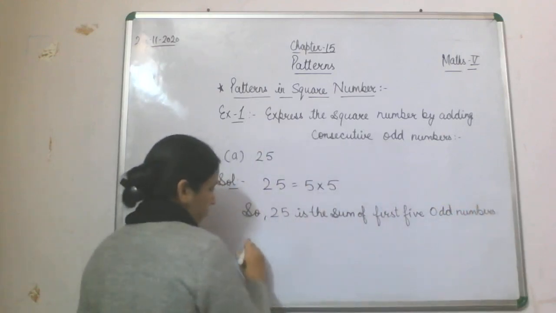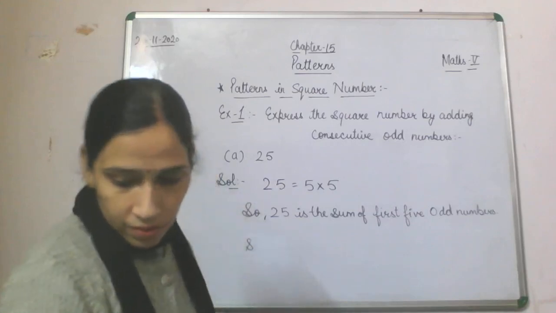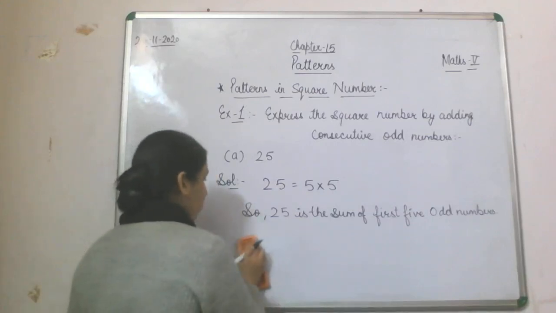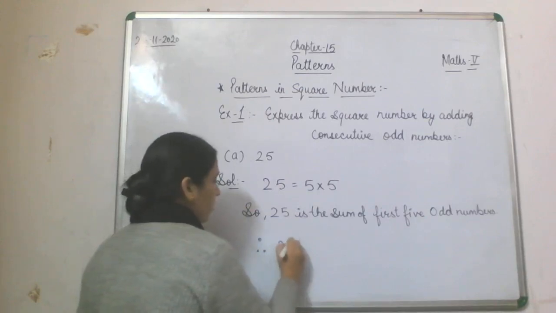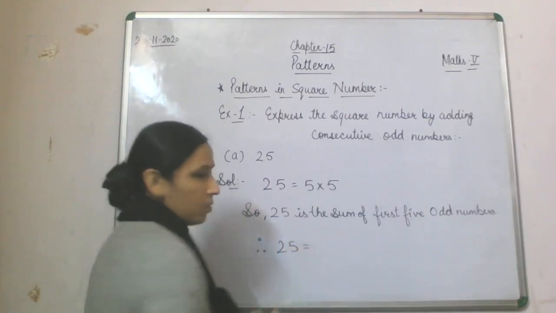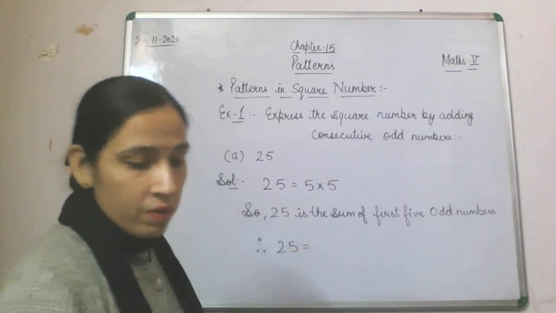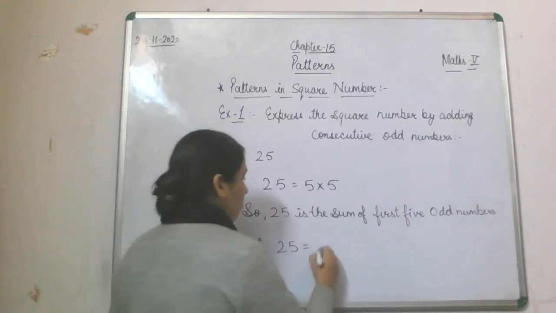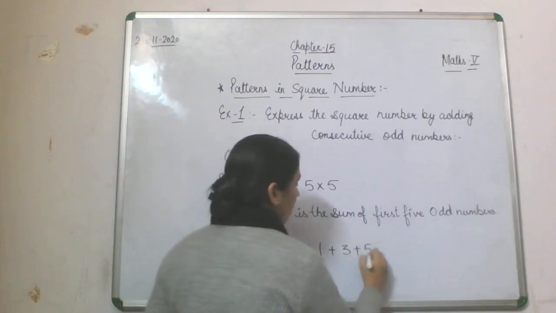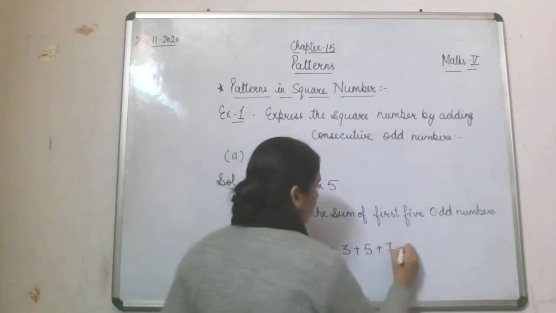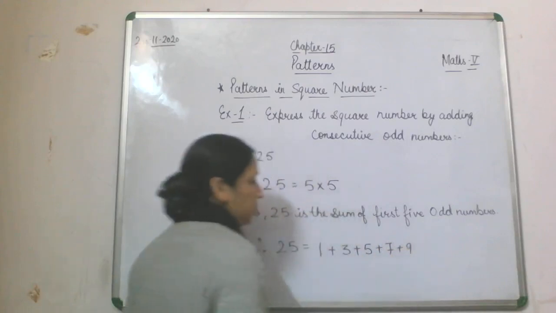So 25 is equal to 1 plus 3 plus 5 plus 7 plus 9.